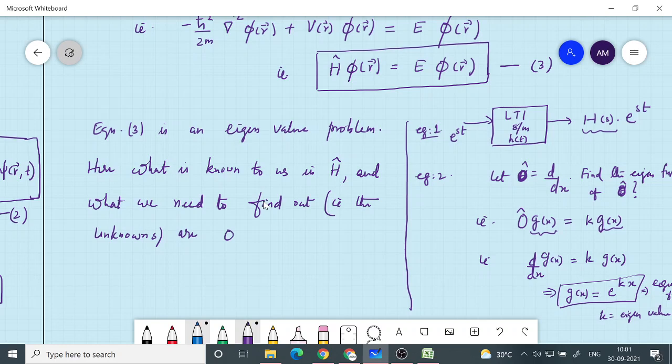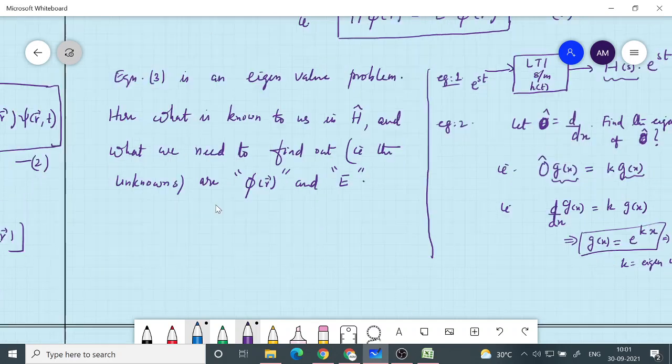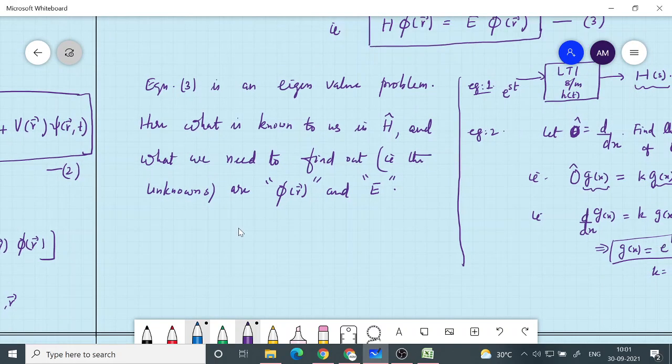Are basically this one, that is the eigenfunction and the eigenvalue. So whenever we solve the eigenvalue problem, you will get both the eigenfunction and the eigenvalue. So these two should be found out from the given H. So that's the kind of problem that we often come across in quantum mechanics.